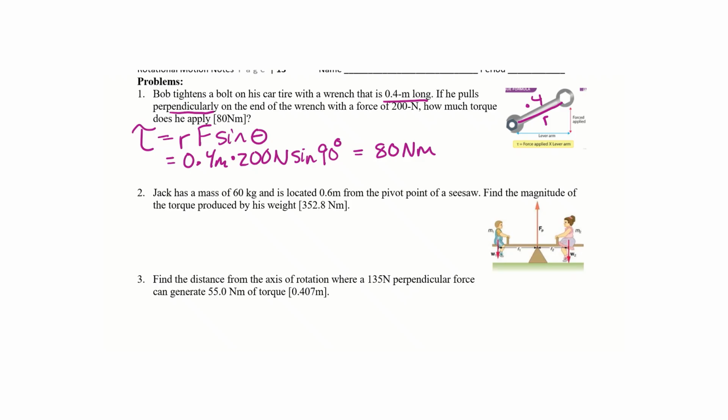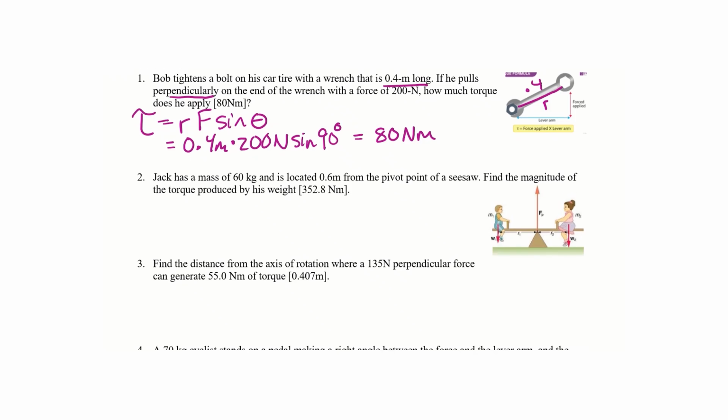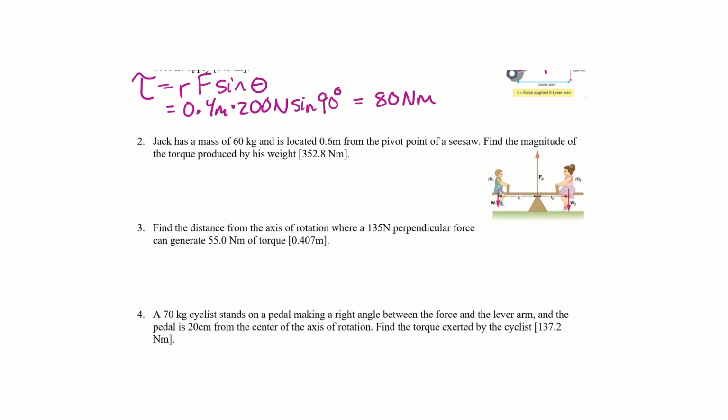A classic torque problem is the seesaw. For example, Jack has a mass of 60 kilograms, and he's located 0.6 meters from the axis of rotation, from the fulcrum on the seesaw. Find the magnitude of the torque produced by his weight.